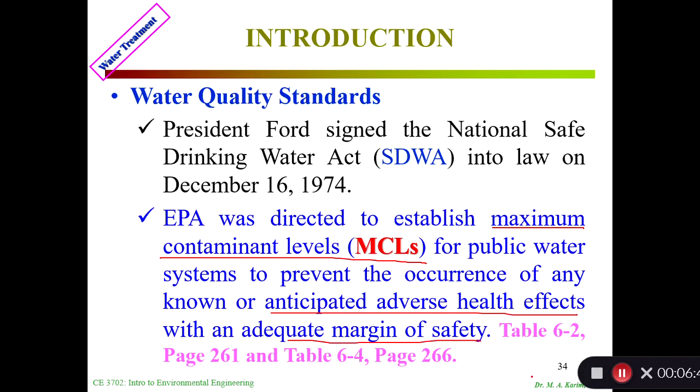MCL is the maximum contaminant level, and these are parameters that have a health effect. Table 6.2 and table 6.4 in our textbook have those values, and I have some of them in my lab book also.